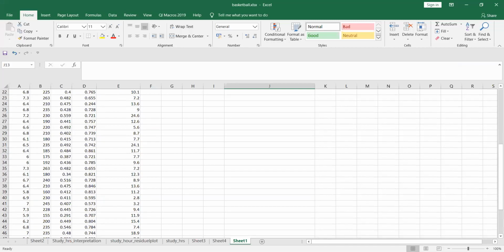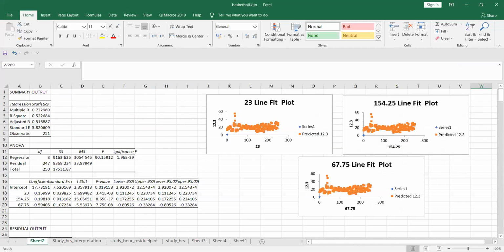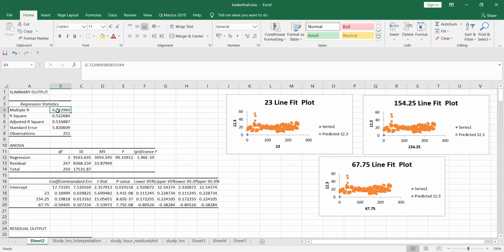I have already calculated this. See this, this is the correlation. It is pretty low compared to the previous examples, as we have taken simple examples there. Here the number of observations is 251. The correlation is only 0.72. The R square is 0.5, just on the margin.